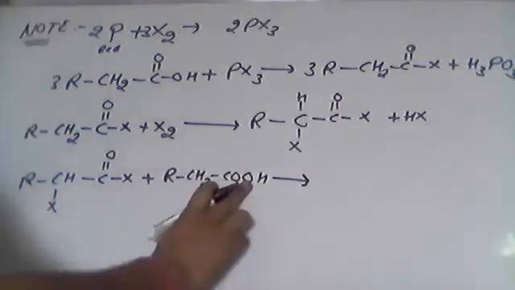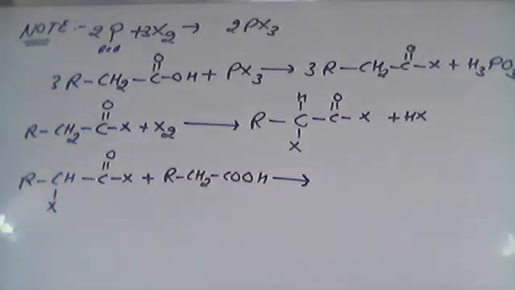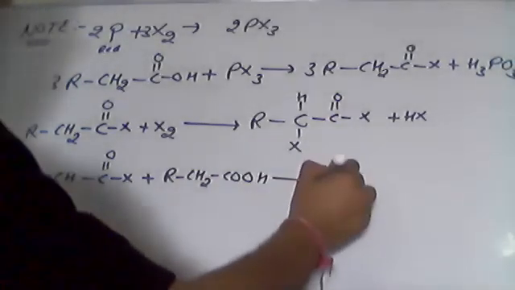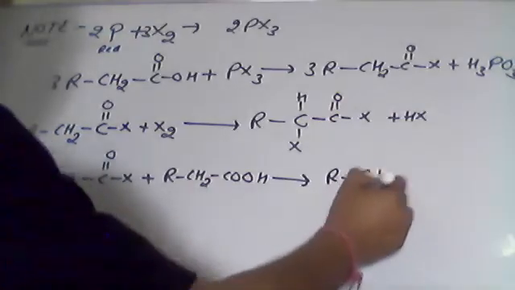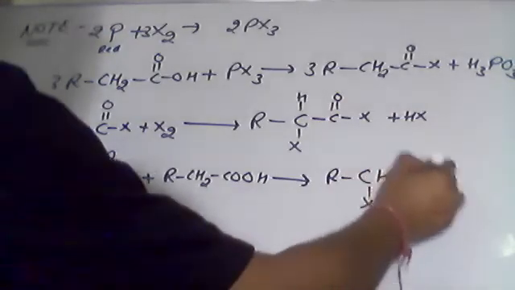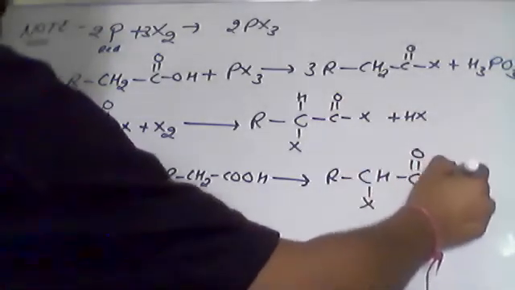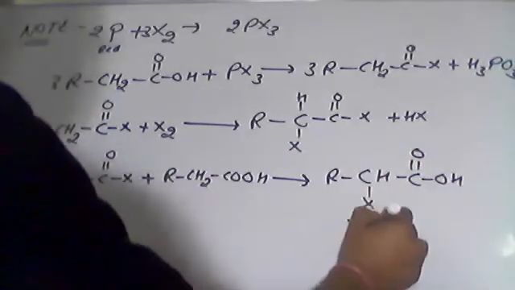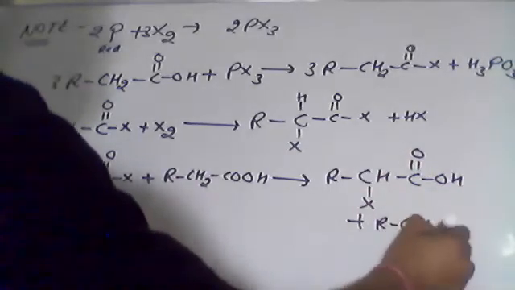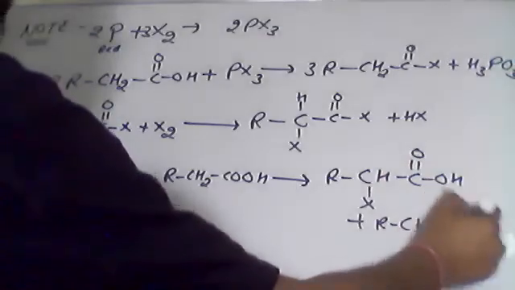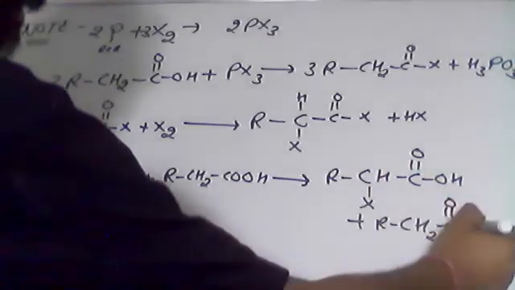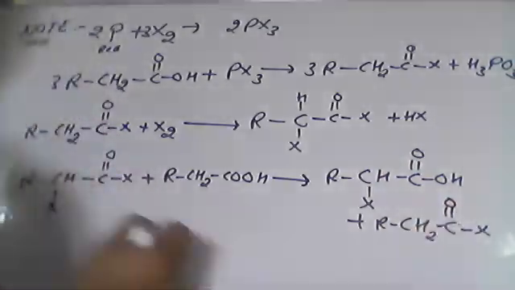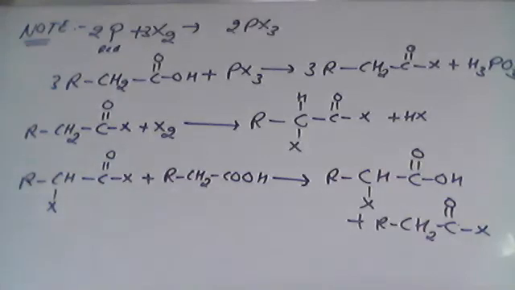The X is replaced and it becomes carboxylic acid again: R, CH, X, C double bond O, OH, plus I will get R, CH2, C double bond O, X, and acid chlorides will be formed. Just see here.